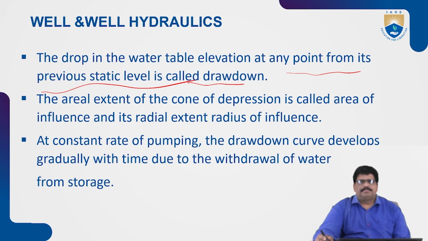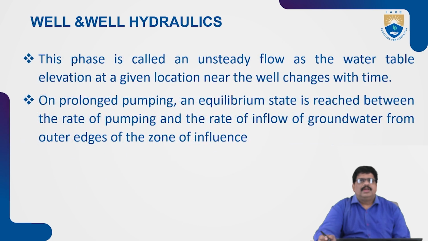At a constant rate of pumping, the drawdown curve develops gradually with time due to the withdrawal of water from storage. Next, this phase is called unsteady flow. The water table elevation at a given location near the well changes with time.